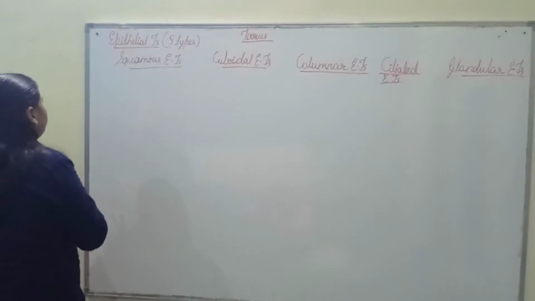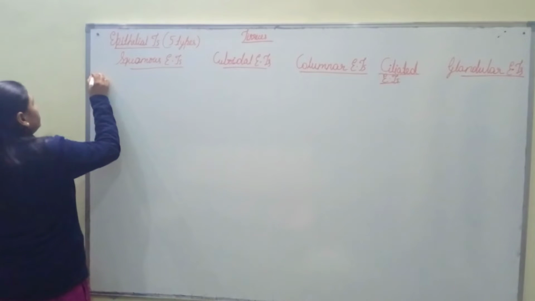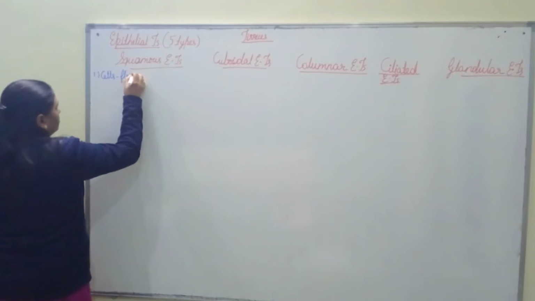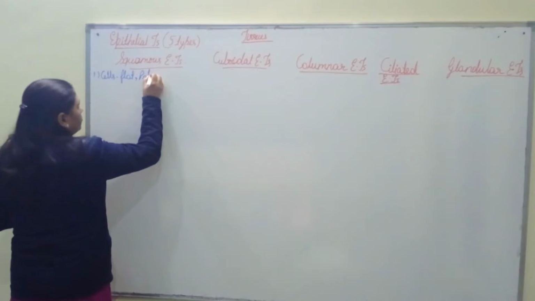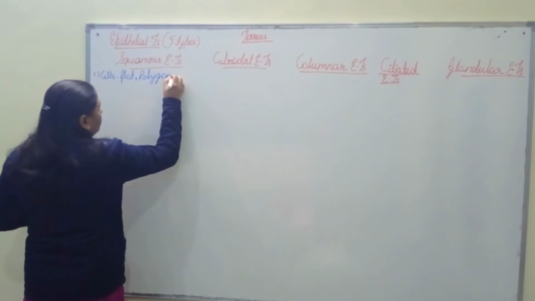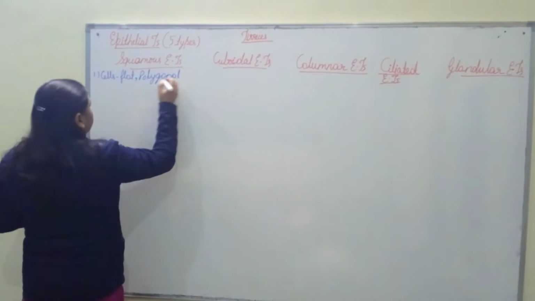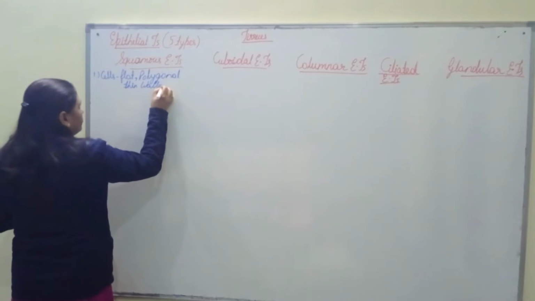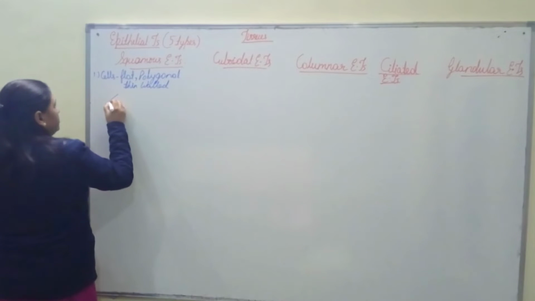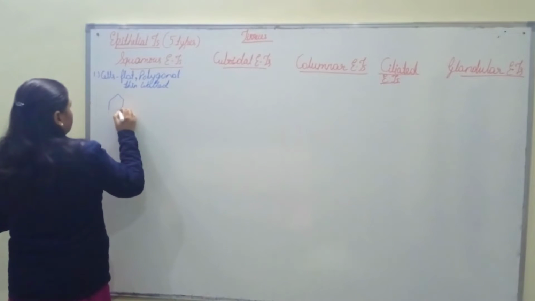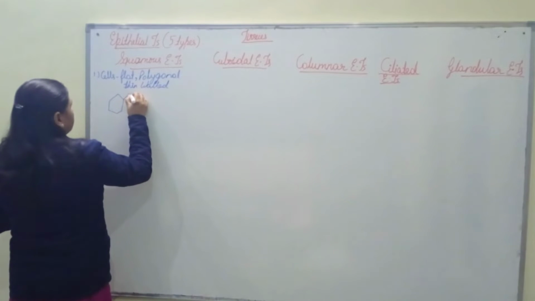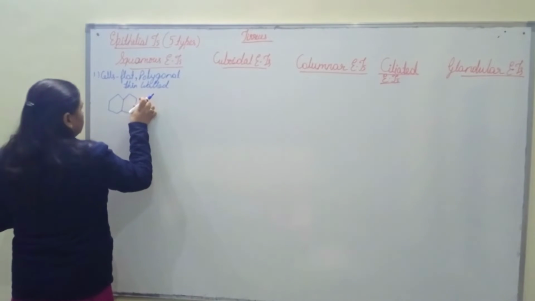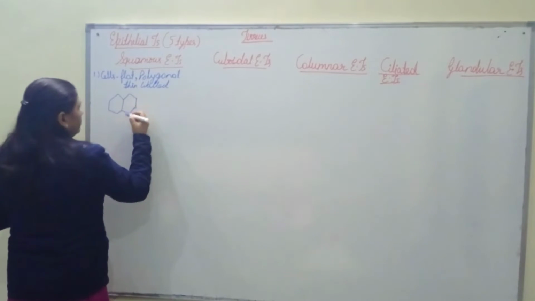So first we will take up squamous epithelial tissue, in which cells are flat, polygonal, and thin walled. If we make the diagram of cells of squamous epithelium, these are arranged as tiles.